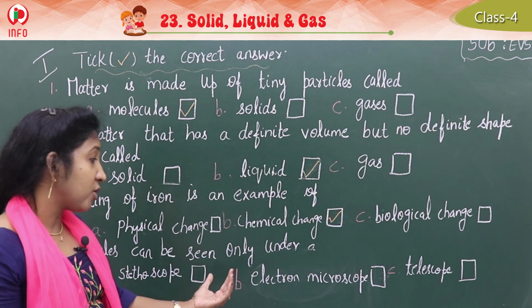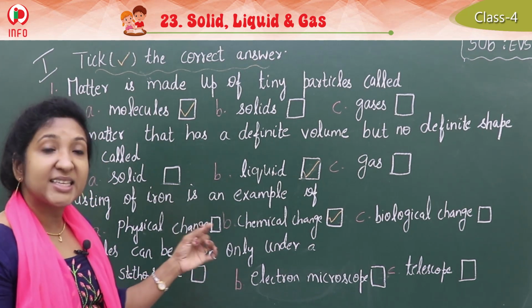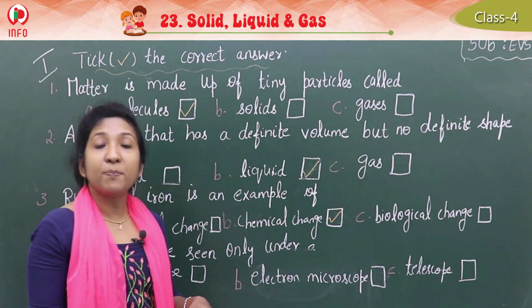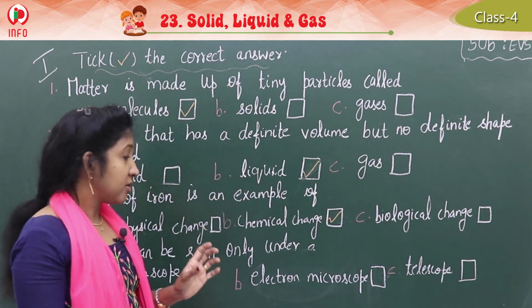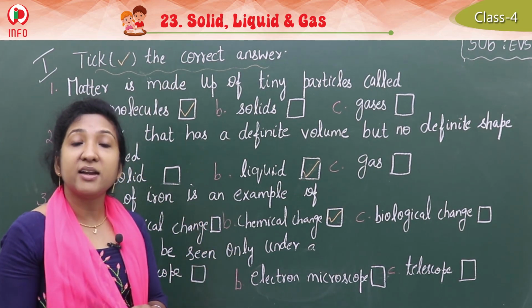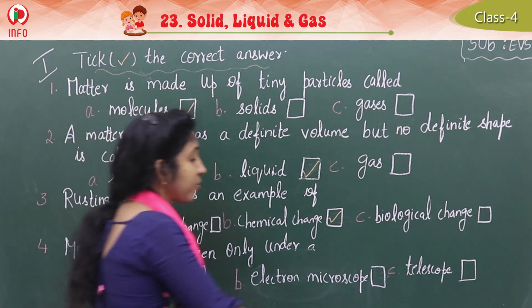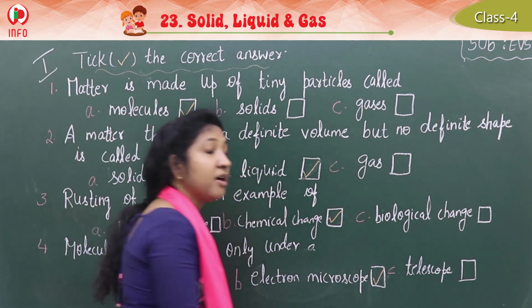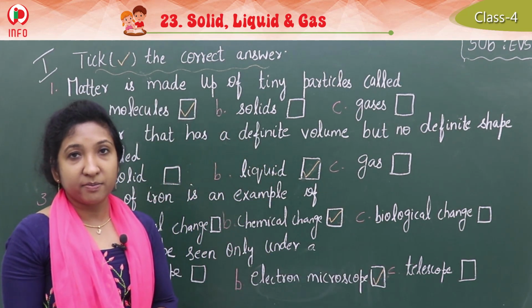E-L-E-C-T-R-O-N, electron microscope. M-I-C-R-O-S-C-O-P-E, microscope. So molecules can be seen only under an electron microscope. Option B is the correct answer. So here you can give a tick mark. Okay.